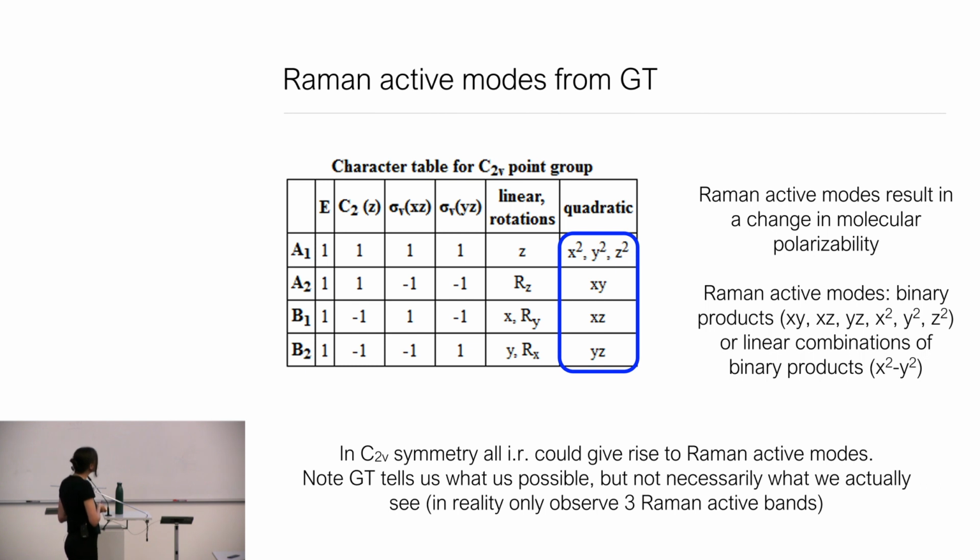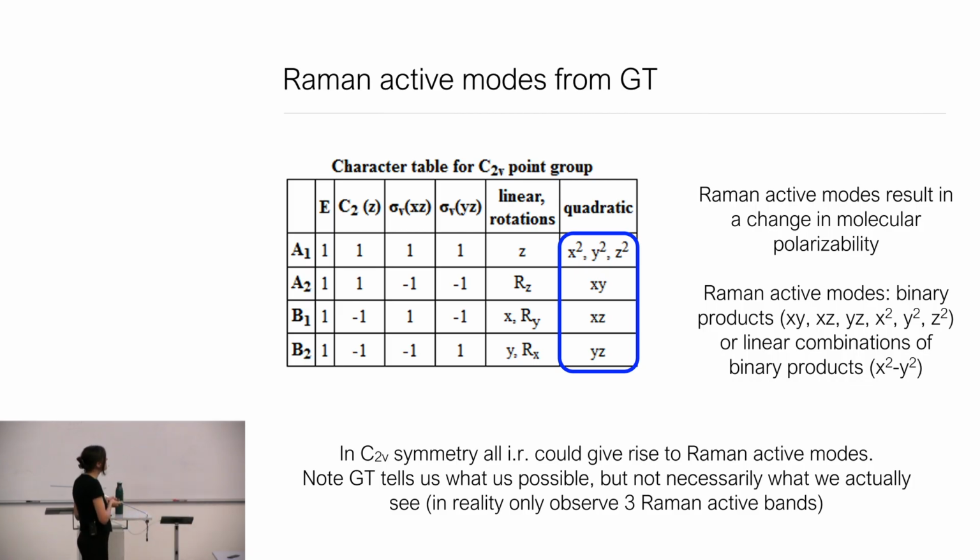Okay, so here's finally that completed character table in the C2V point group. What I did want to point out is that the Raman active modes are the ones that result in a change in molecular polarizability. So these binary products are the ones that we're talking about with Raman. And for IR active, we're talking about the x, y, z, right?